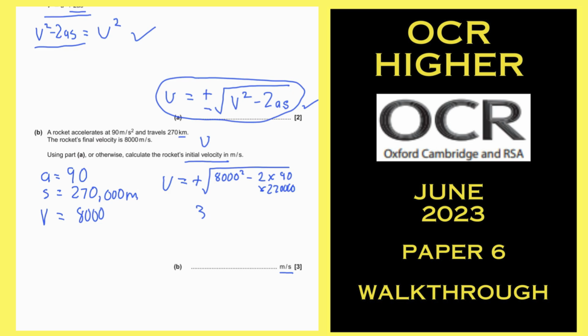I end up with 3,924.283, whatever horrible long decimal. We'll call it nearest whole number. Keep it sensible. 1 mark for correct usage, maybe trying to get your units correct, or any decent attempt to substitute all the values in, and then obviously 1 for your final answer.